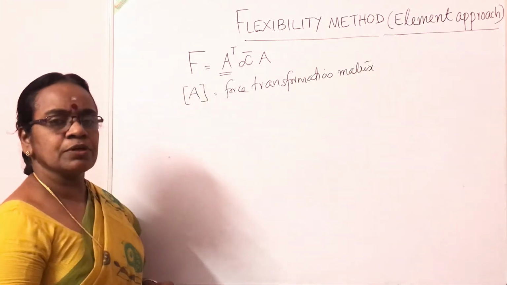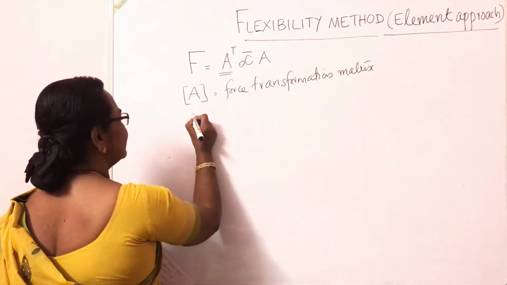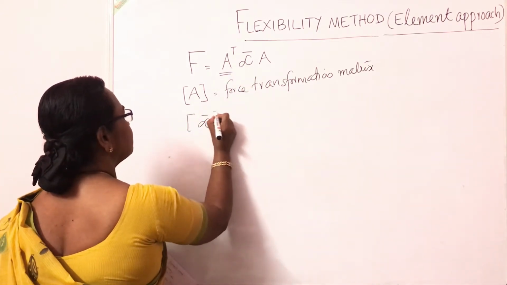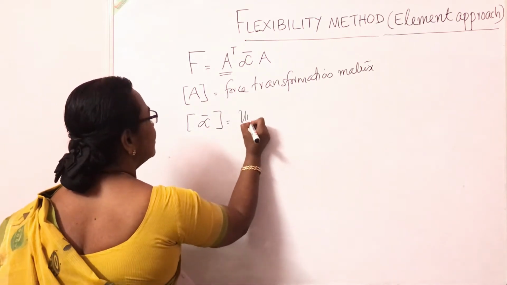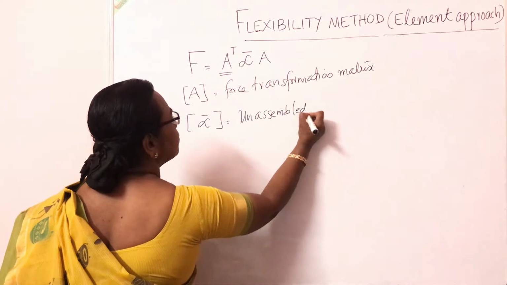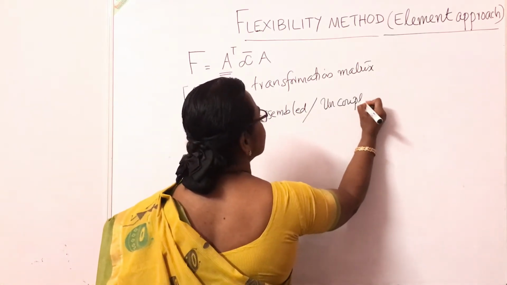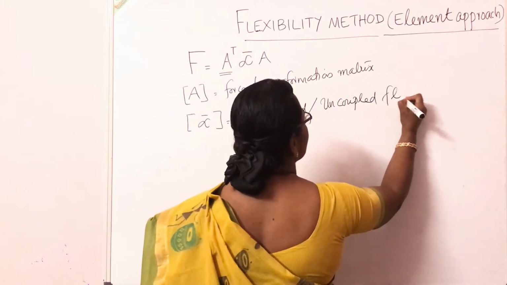We'll discuss how to develop the force transformation matrix. And this alpha bar matrix is called the unassembled or uncoupled flexibility matrix.